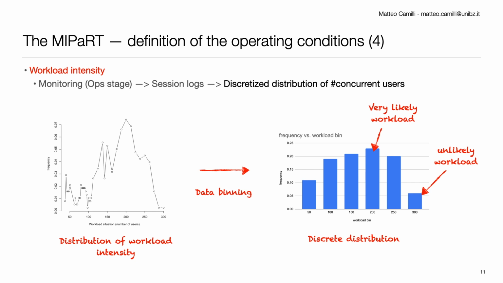By looking at this plot on the right side, we can understand what are the important conditions to be tested according to the likelihood. So for instance, in this case, the bin 200 is very important. It's a very important condition to be tested because it's associated with the highest likelihood.